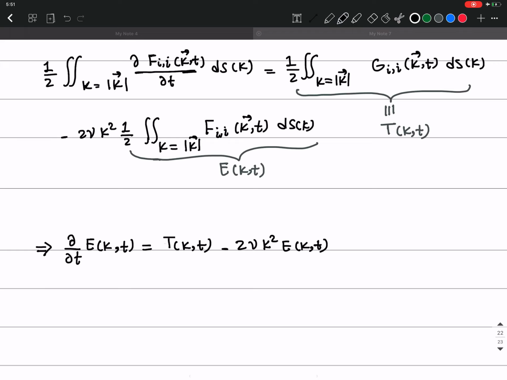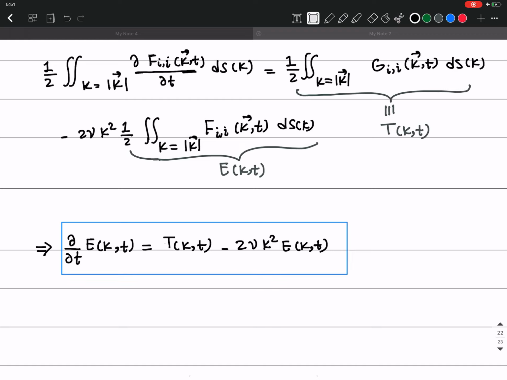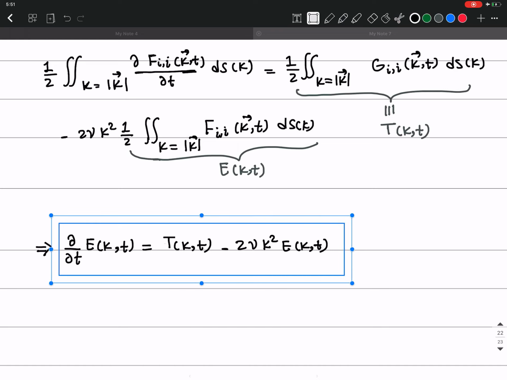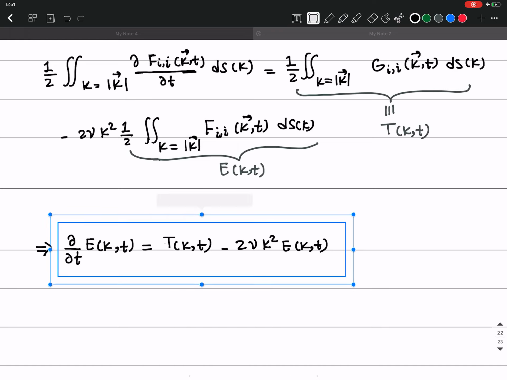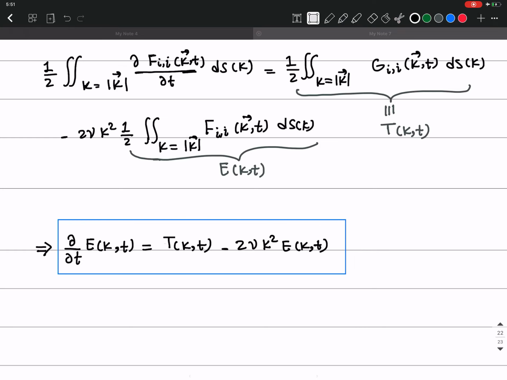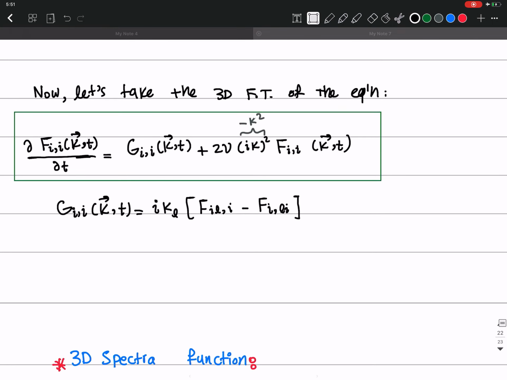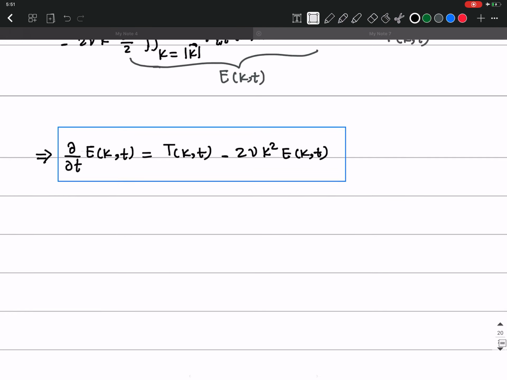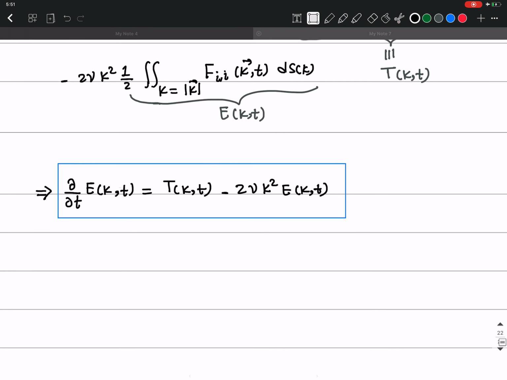This is a very famous equation in turbulence. Now we have simplified this complicated Fii equation into a simpler equation that we can better understand.